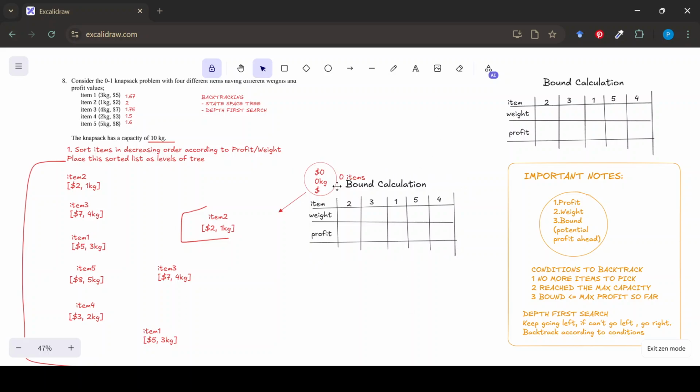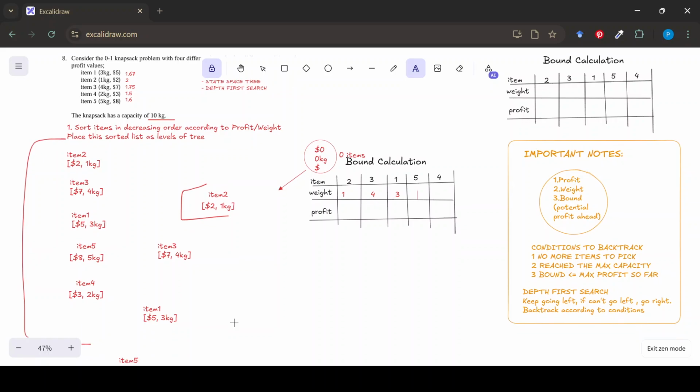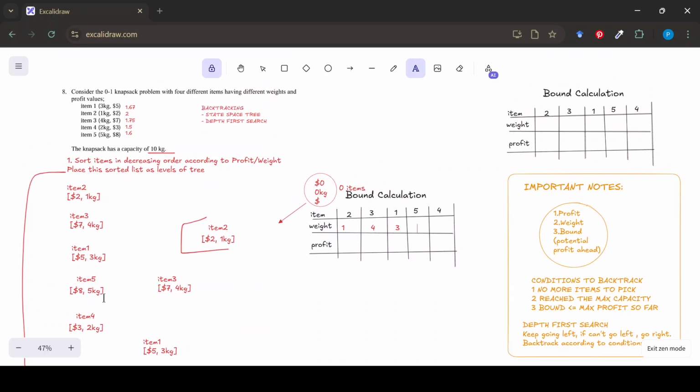At this state in the tree, the potential items we can pick up are item 2 with a weight of 1, item 3 with a weight of 4, item 1 with a weight of 3, and now for item 5, we cannot pick up the whole of item 5 because our maximum is 10 and here we have filled till 8.